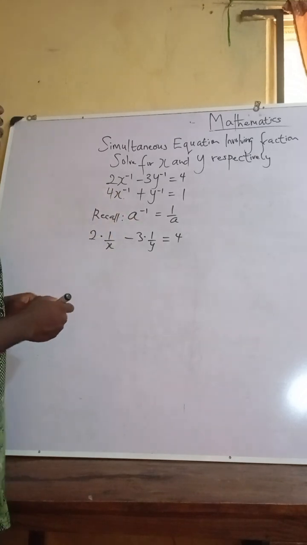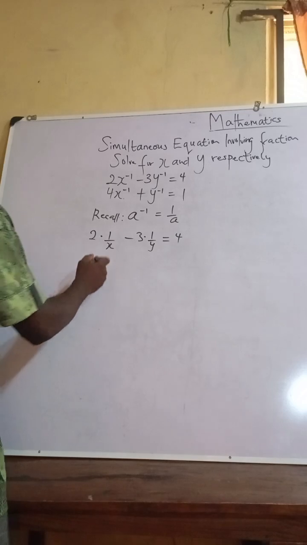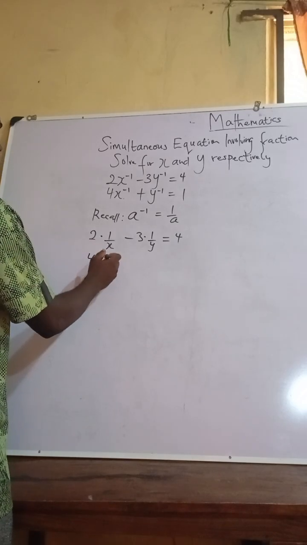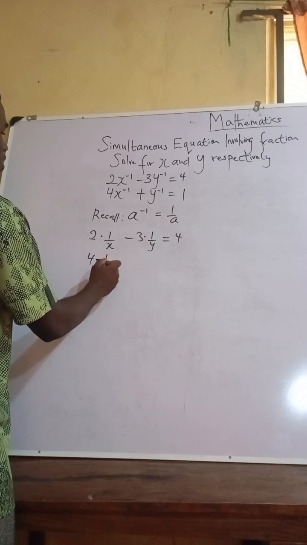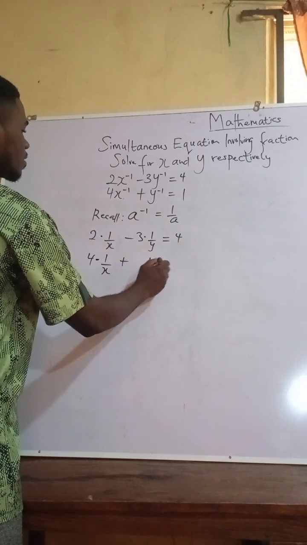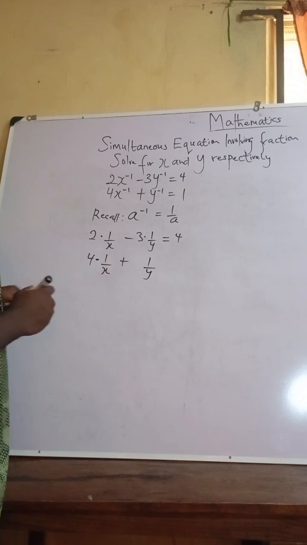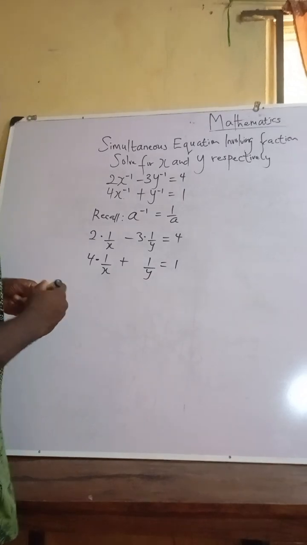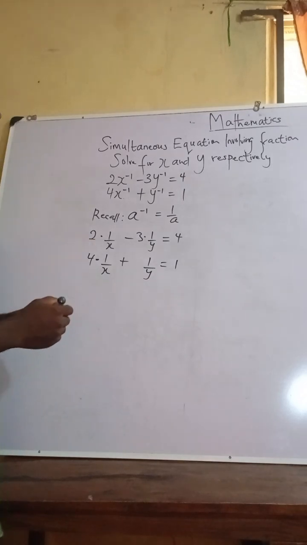Okay, now the same thing is applicable here. We're going to have 4 dot 1 over x plus 1 over y, because y has no other coefficient, which is equal to 1. Now, having gotten to this point, you just need to multiply where necessary.